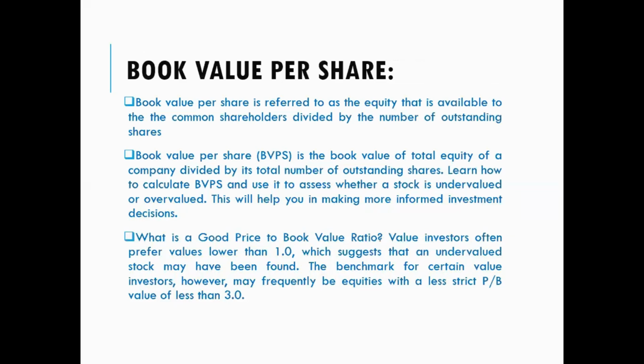Book value per share. Book value per share is referred to as the equity available to the common shareholders divided by the number of outstanding shares. Book value per share is the book value of total equity of the company divided by the total number of outstanding shares.